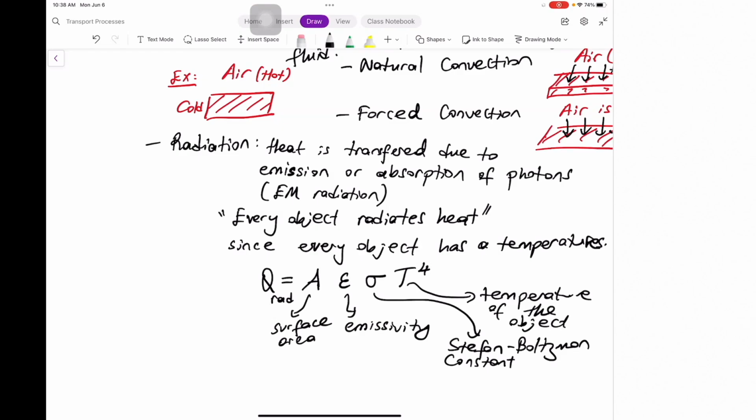Okay, so this formula tells you that if the temperature increases, the object radiates more heat.